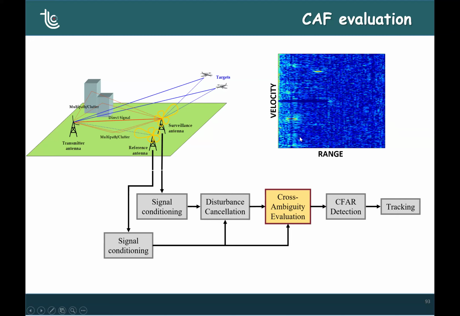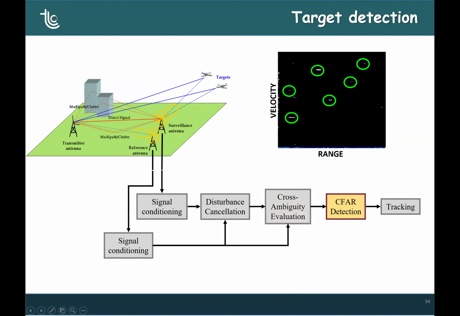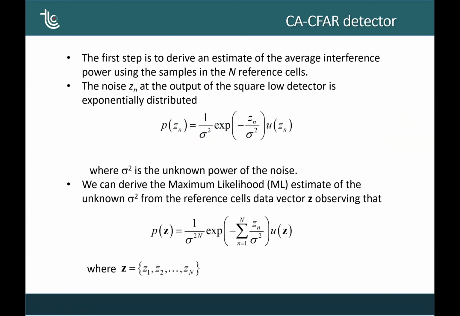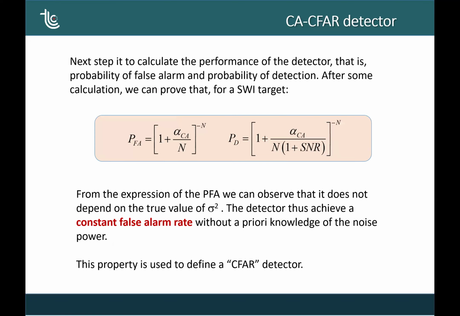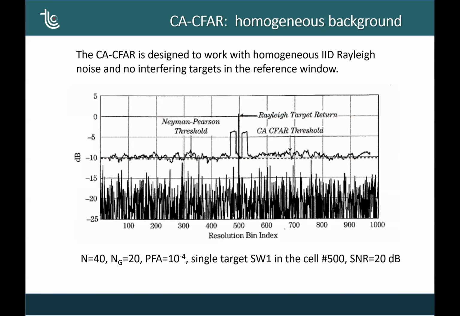We consider a horizontal line, so different ranges. And then we test for each velocity all the range cells to see whether there is a target or not. So we build this threshold, and then we compare the threshold with the output of the CUT, the cell under test.